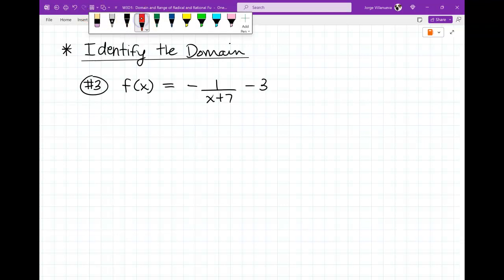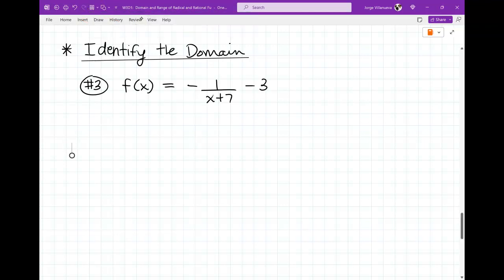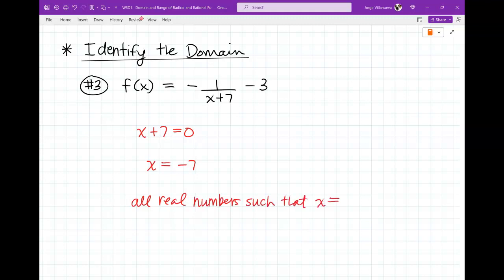So if I want to find the domain, I'm going to get the denominator, which is x plus 7. And I'm going to set it equal to 0. That's step 1. Step 2, I'm going to solve it. Well, x is negative 7. And then I'm going to write the answer. All real numbers such that x cannot be negative 7.